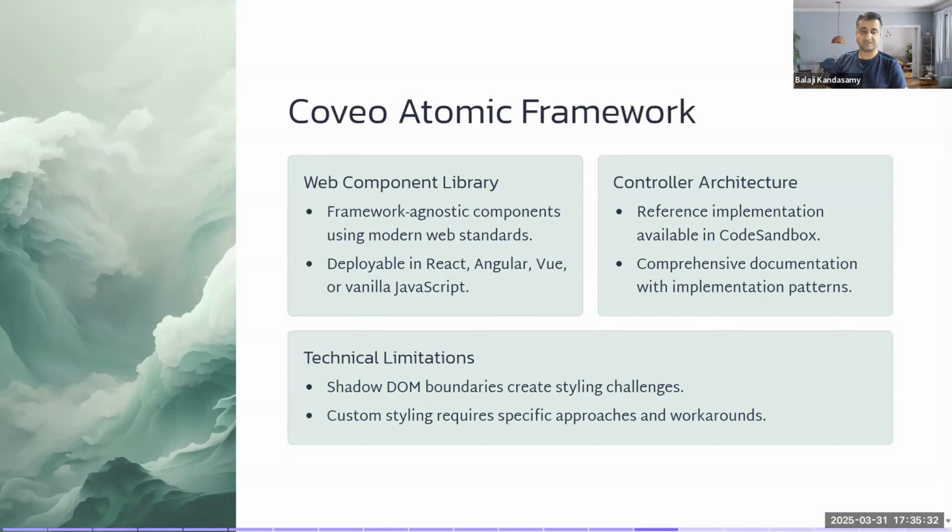When you say Shadow DOM, the styles are encapsulated within the Shadow DOM. So anything you apply at the page level, like a theme applied across the board, will not affect the components within the Shadow DOM. Okay, so what is the problem? That's fine, that's good, right?